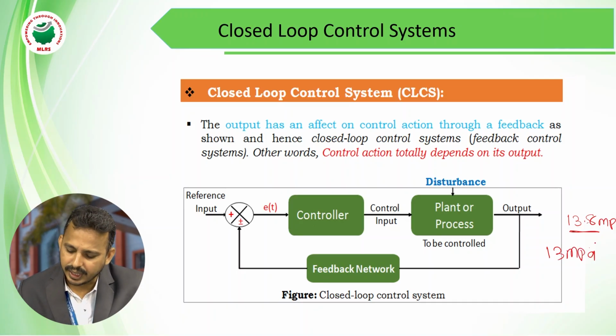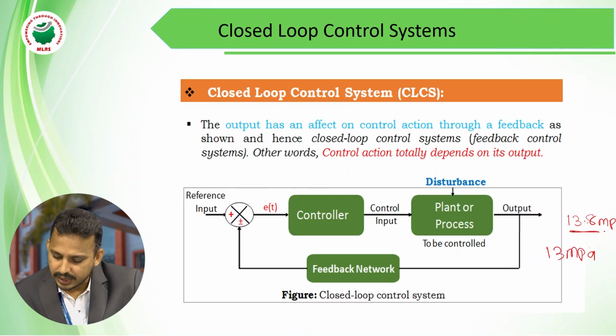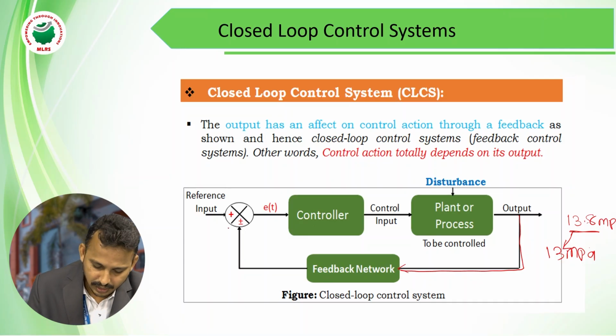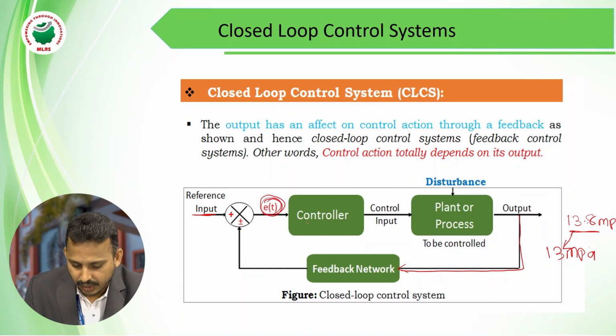So I have to increase the pressure of the steam from 13.0 to 13.8. So this feedback signal will generate the error signal by comparing with the reference input, and this error signal will be given as a command to the controller.